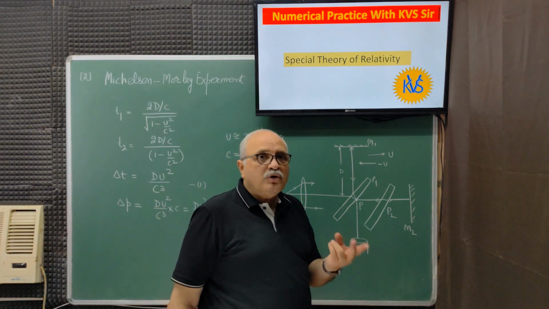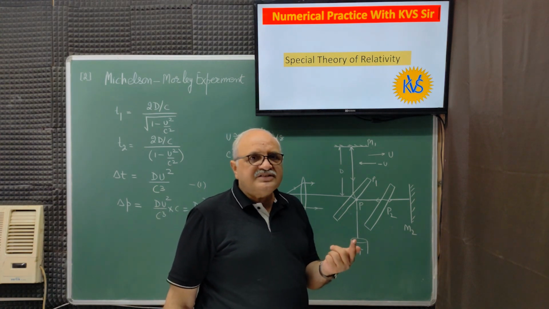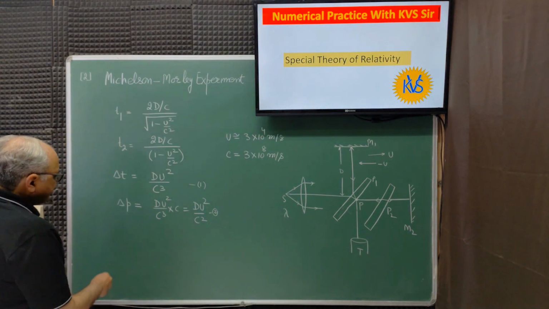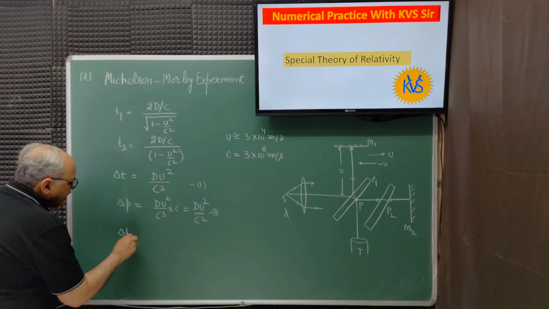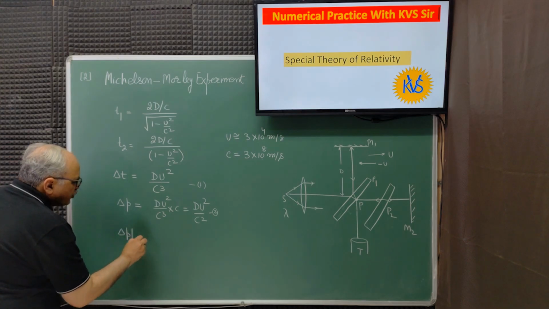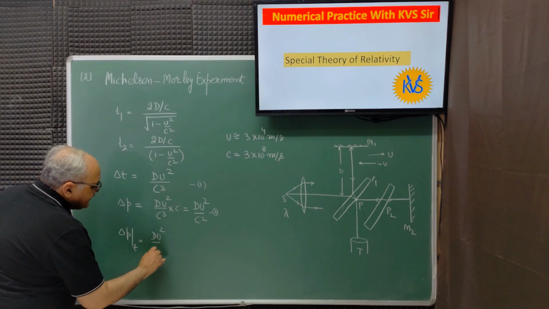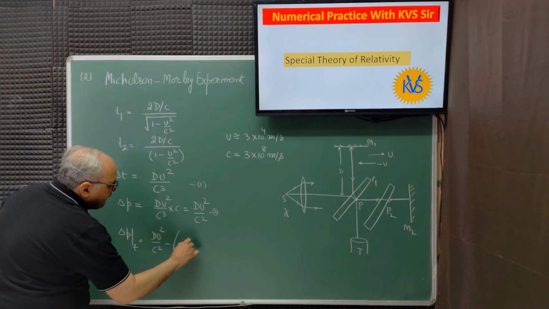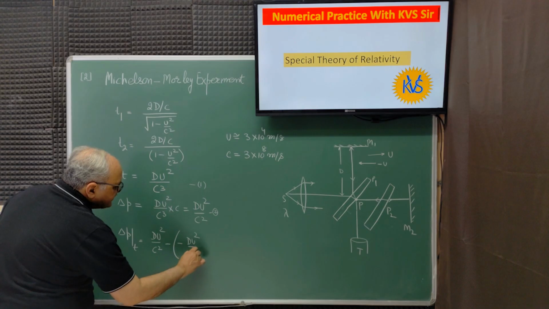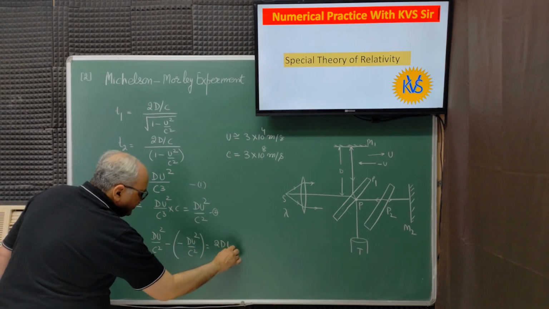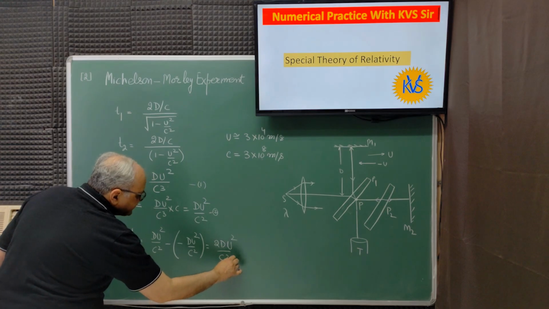So there must also be a path difference, but this time it is going to be the negative of this. So the total path difference after rotation will be d u square by c square minus of minus d u square by c square, and that is equal to 2d u square by c square.